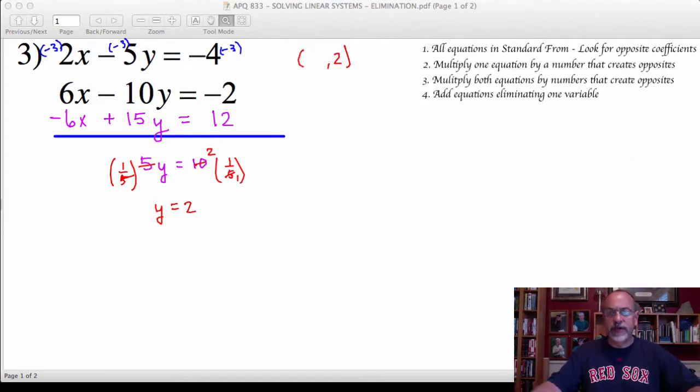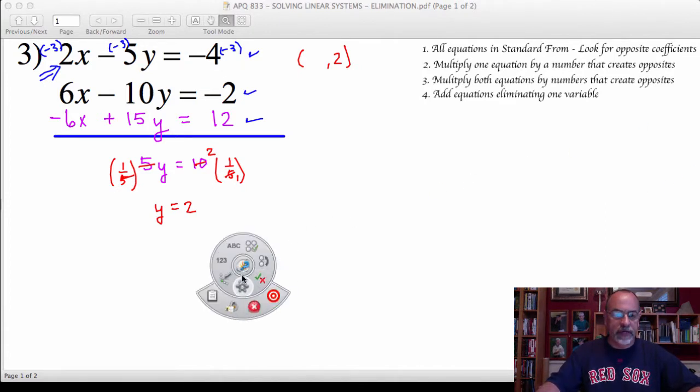To determine the x value, I can go back now and substitute into either my 2 original equations or the new equation that I created. I can substitute in the number 2 for y because I now know that y's value is 2. I'm going to go back to the first equation, the original first one, and substitute the y value into that one in order to create my equation.